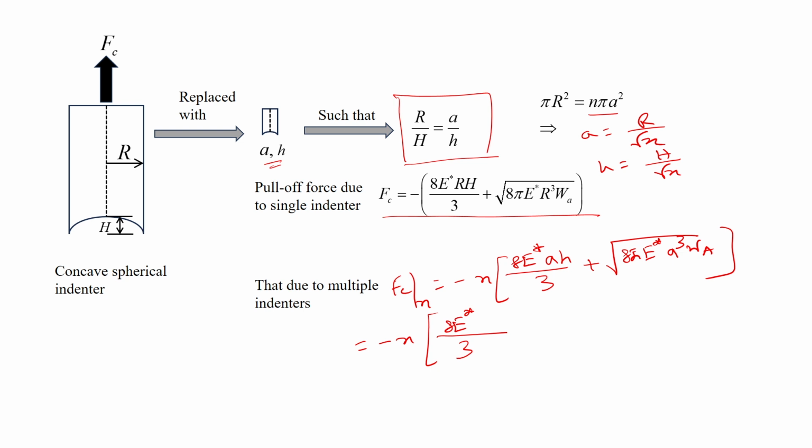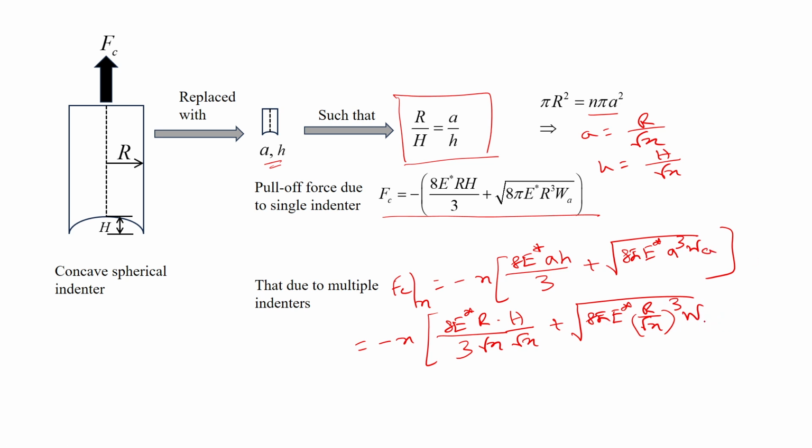So A is equal to R by square root of n, and h is equal to H by square root of n, plus 8 pi E star, and instead of A I have R by square root of n, cubed, into W A, that is the work of adhesion.